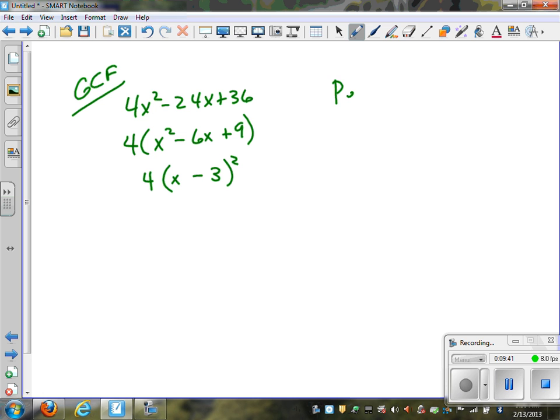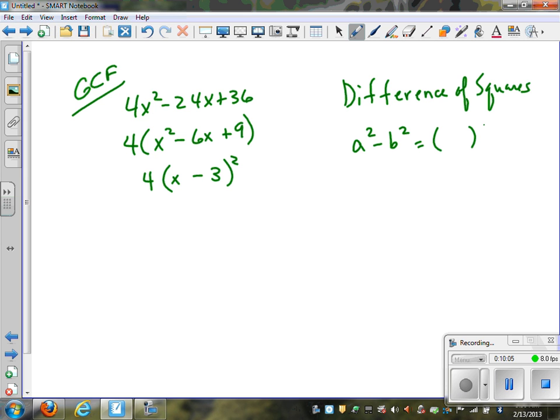The other type of problem we're going to look at is difference of squares. Difference of squares looks like this. When you have difference of squares, what do you square and you get a squared?